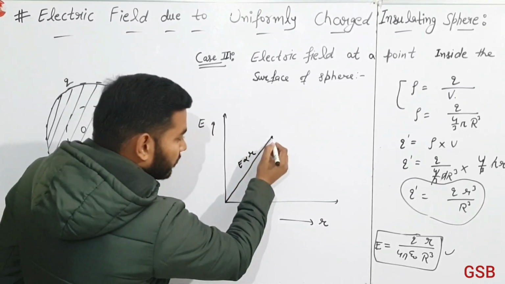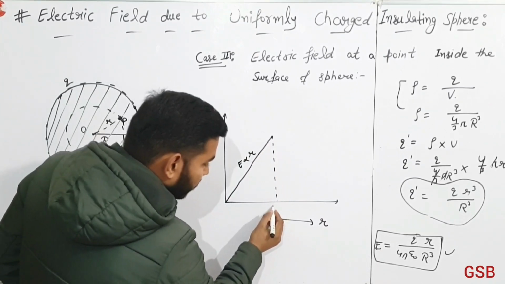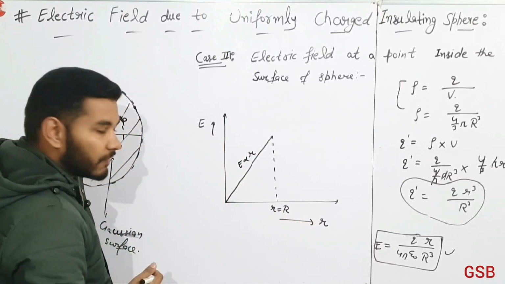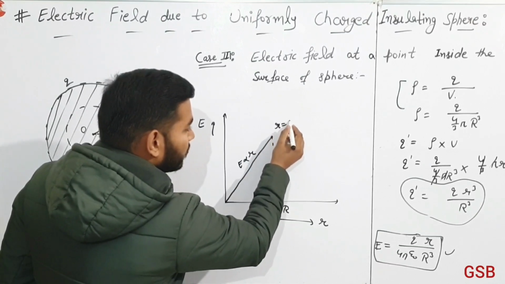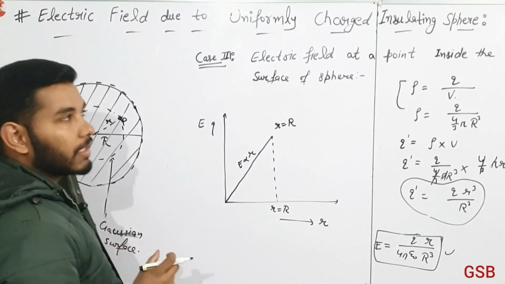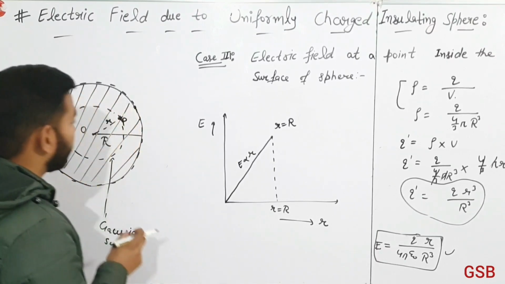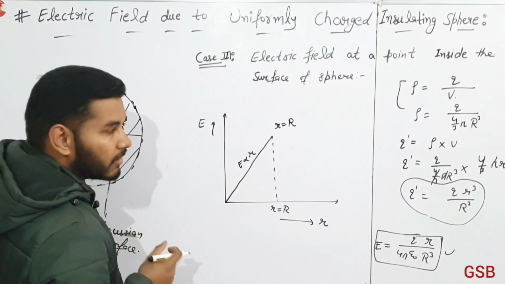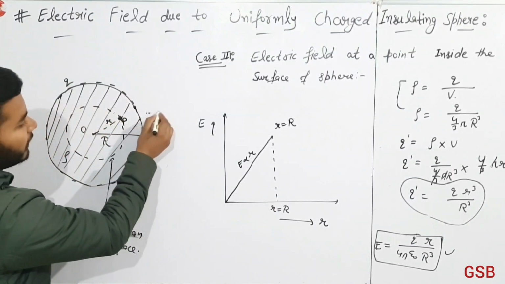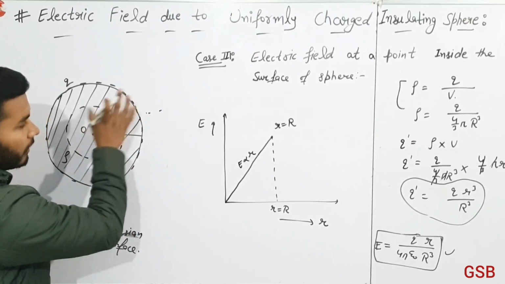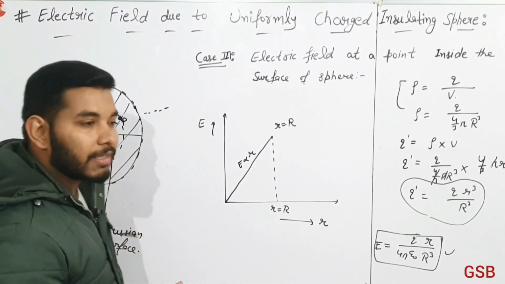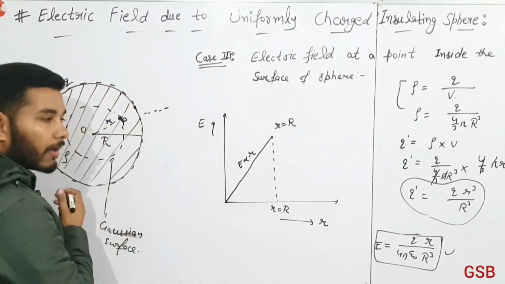But at the point where small r is equal to capital R, the radius of the charged insulating sphere, the distance between the center and the test point P is equal to R. After that, for a point outside the given insulating sphere, the electric field is inversely proportional to r.